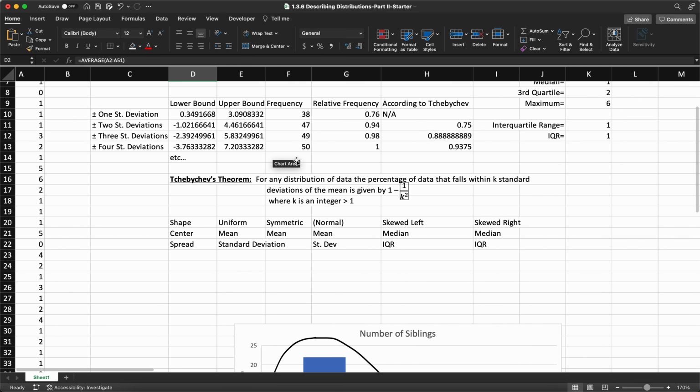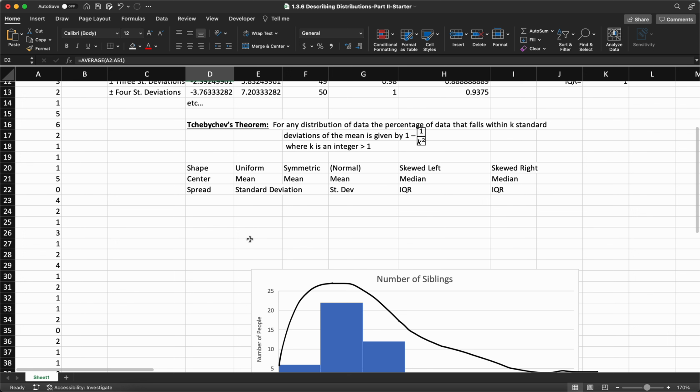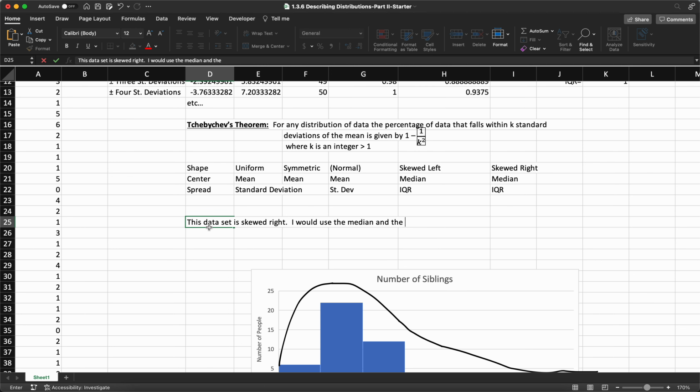So with all of that in mind, if I were to describe this data set, I would say it is skewed right. I would use the median and the IQR to describe the center and spread.